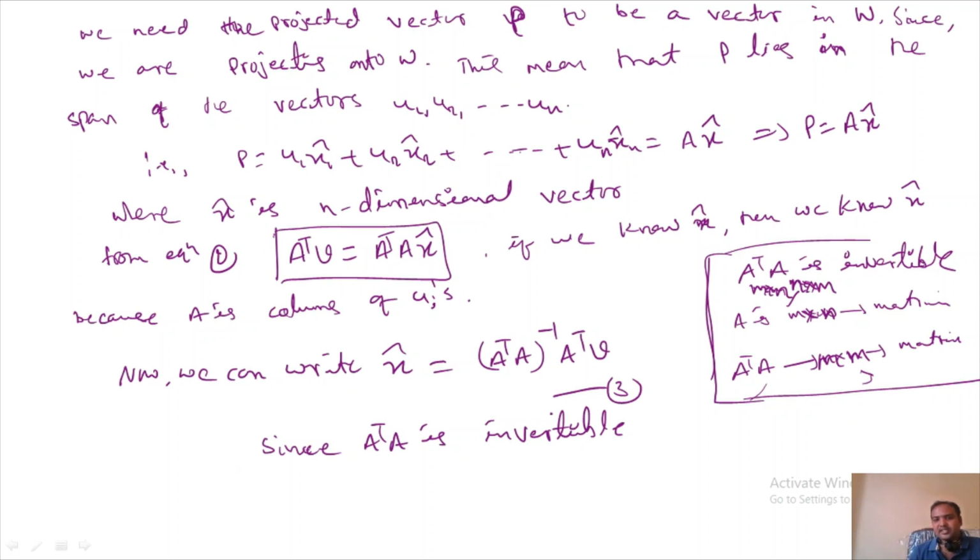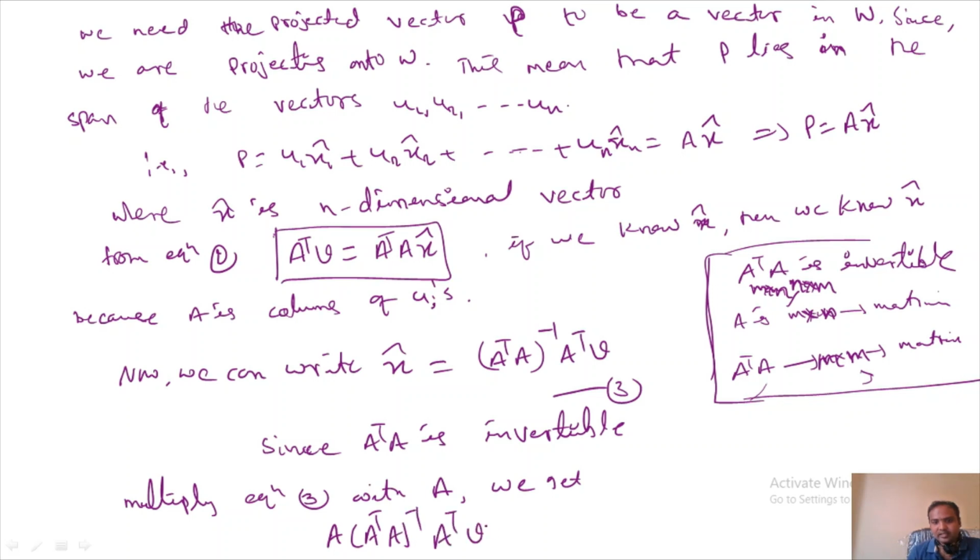So now, how to find the projection matrix? Multiplying equation 3 by A, we get A times (A transpose A) inverse times A transpose V equal to A x hat.